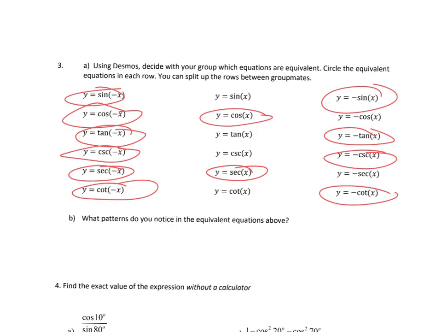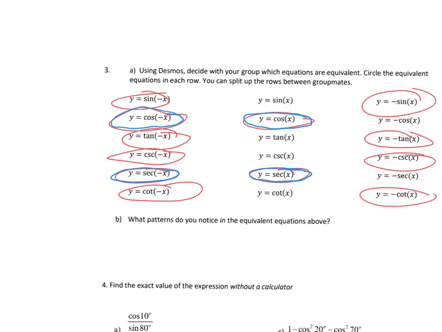All right, so coming back, this is what you should have had. If you notice, the ones that are different are cosine, because when you plug in cosine of negative x, you end up getting the same cosine of x. And secant of negative x equals secant of x. Other functions are different, and we can relate this back to semester 1.